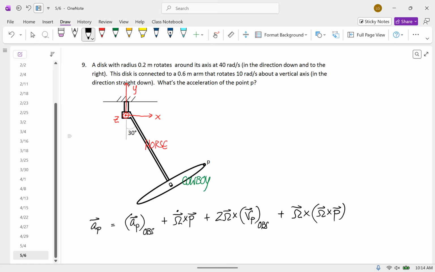So that means our thumb is pointing this way, the rotation is happening like this, and so this angular velocity vector is going to be in the negative y direction: 0, negative 10, 0.